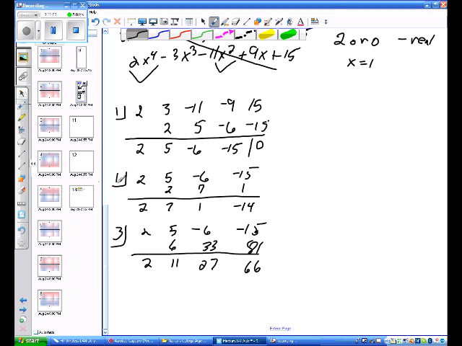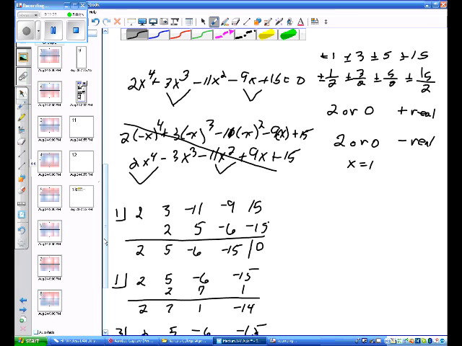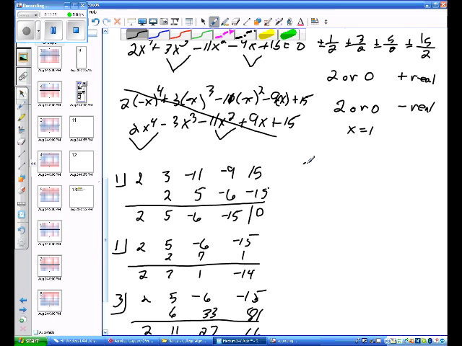Another thing, our rational root theorem says we have 1 gave us negative 14, 3 gave us positive 66. So our 0 has to lie somewhere between 1 and 3. Well, that means the only other choices would be our 3 halves and our 5 halves. So let's try those. I'm going to try 3 halves, and I've got 2, 5, negative 6, negative 15.